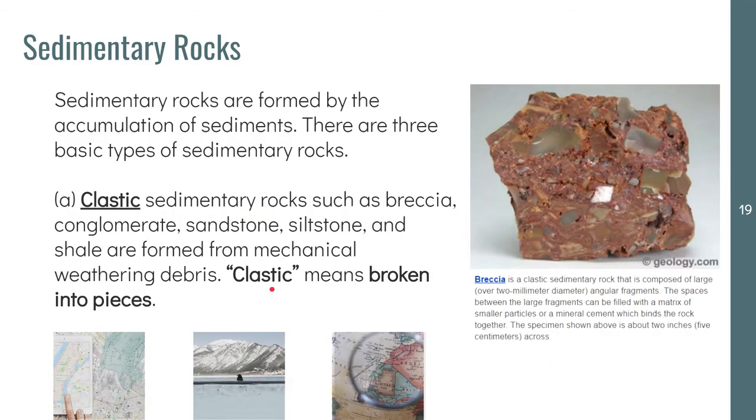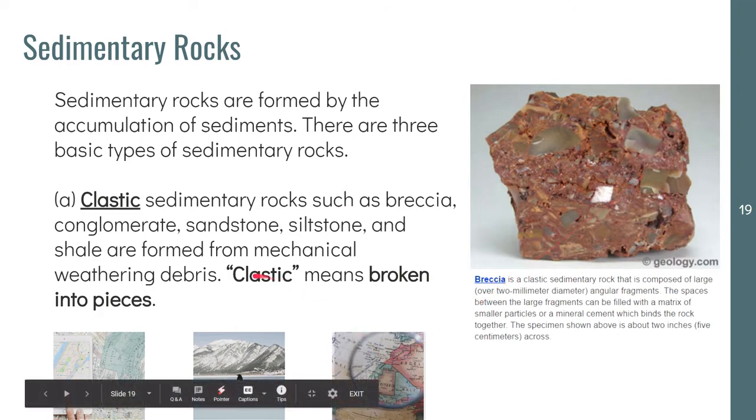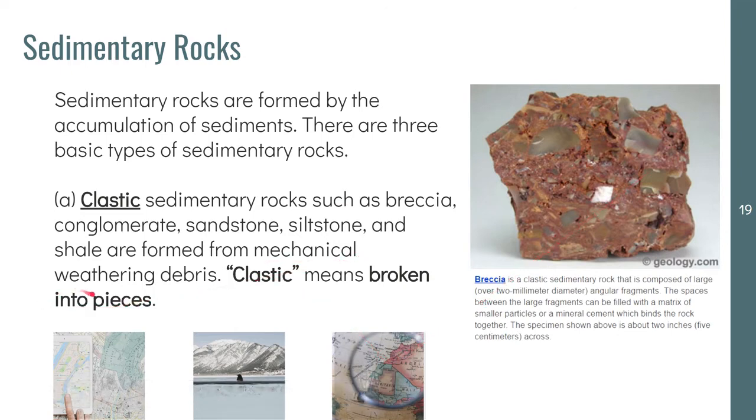So sedimentary rocks are formed by accumulation of sediments, and they are classified based on the process that they underwent. Those rocks that underwent mechanical weathering are called clastic sedimentary rocks, such as breccia here that you can see. They are products of mechanical weathering. Okay, so clastic means broken into pieces.